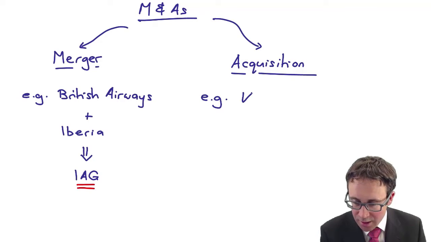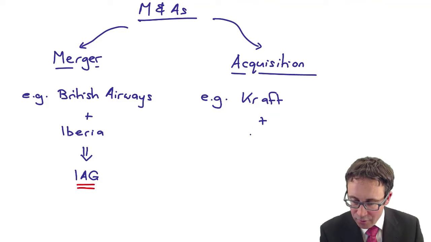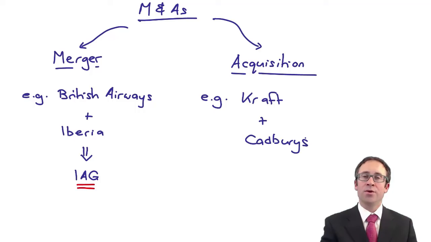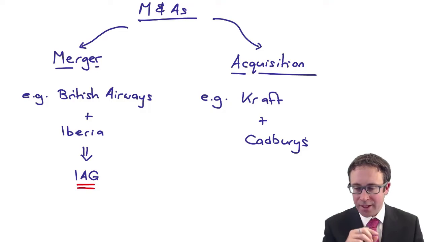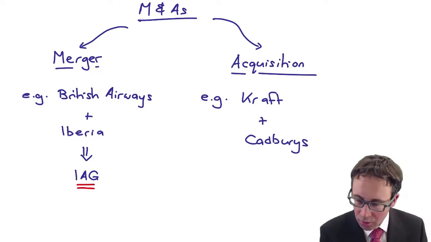An example is Kraft, the US food business, which went through and bought Cadbury's in the UK. So Kraft gained control of Cadbury.